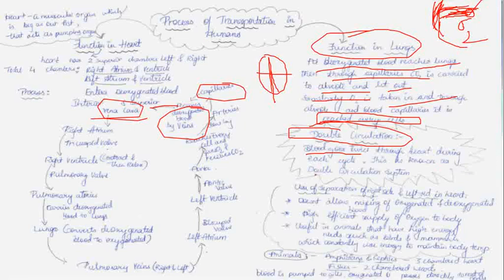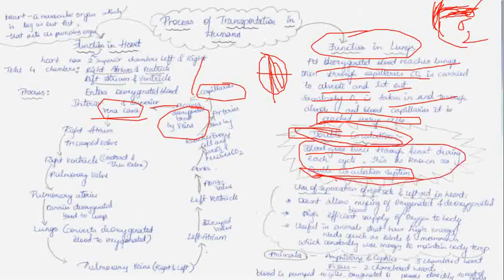That means once the deoxygenated blood passes through the heart, and then the oxygenated blood is pumped to every cell of the body. That is nothing but the double circulation system. For a 4-mark answer, you can write the double circulation system along with the function of the heart, the function of lungs and the definition of double circulation system.